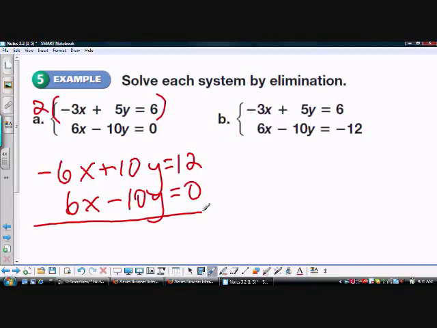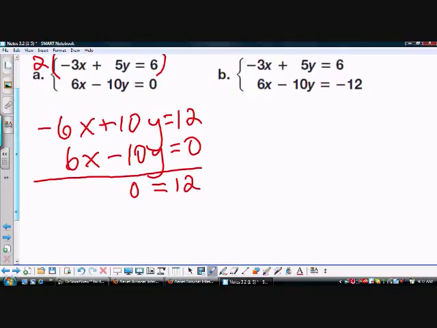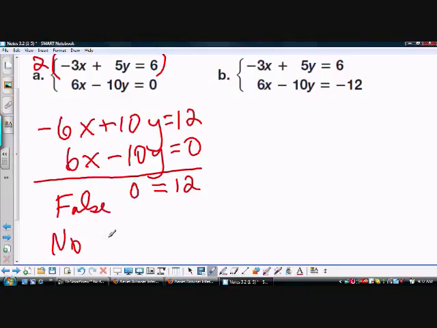Negative 6x, positive 6x, that's 0. 10y minus 10y, that's 0. 0 equals 12 plus 0 is 12. My variables are gone, and I have a false statement. If my variables are gone and I have a false statement, no solution. The lines are parallel.